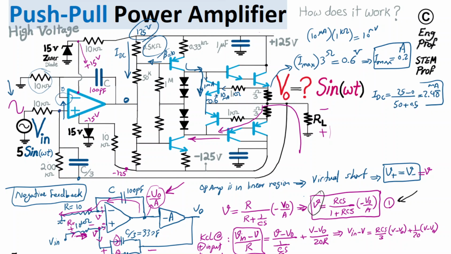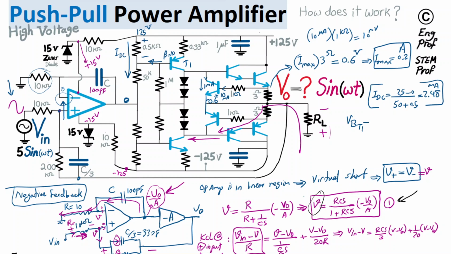So we have 2.48 milliamp IDC going through the circuit, and multiplied by 0.5k, the voltage drop that appears across 0.5k gives the voltage of the base of the transistor. Let's say this one is T1.